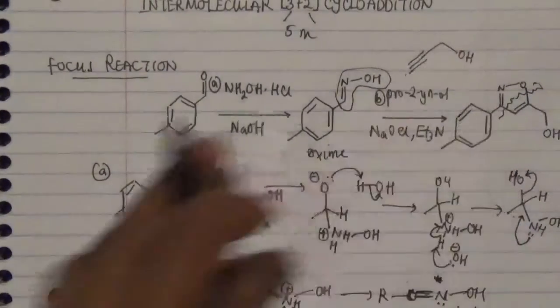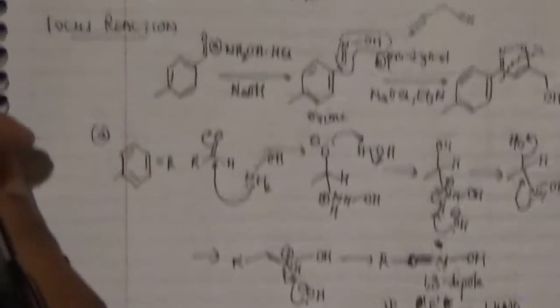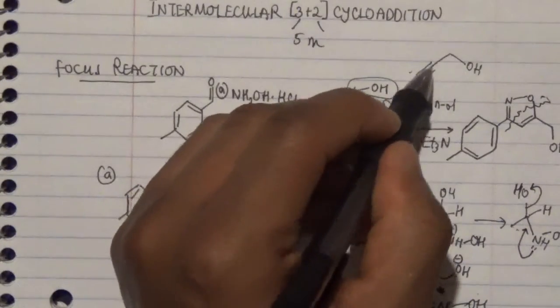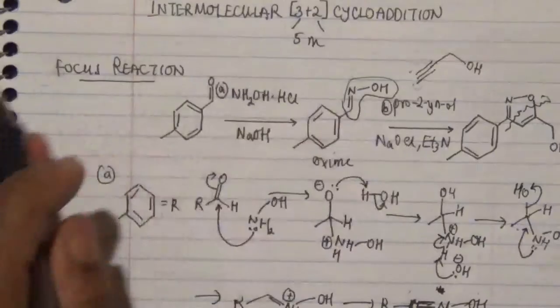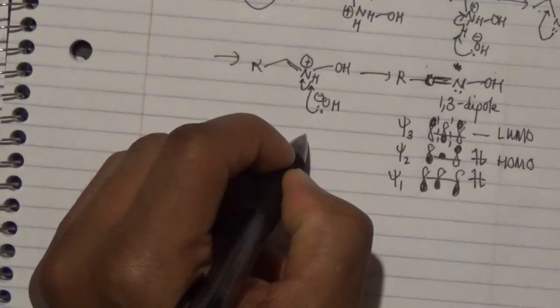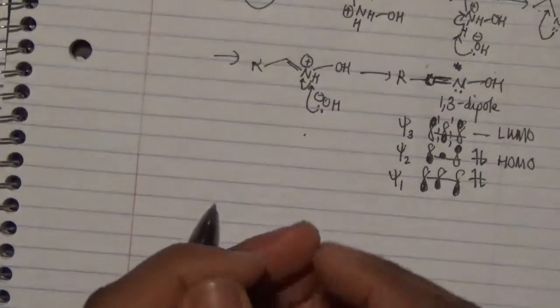In the species here we have only 2 possibilities. This part has only 2 atoms, and these 2 atoms are responsible for the distribution of the electrons, which makes it either an electrophile or a nucleophile.